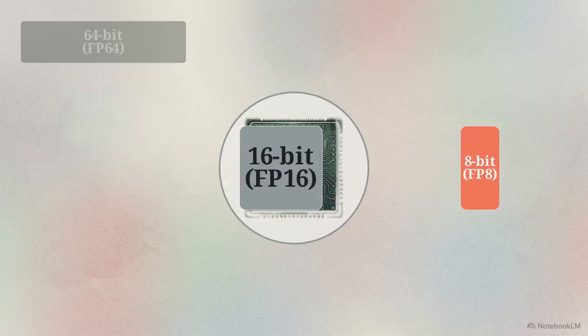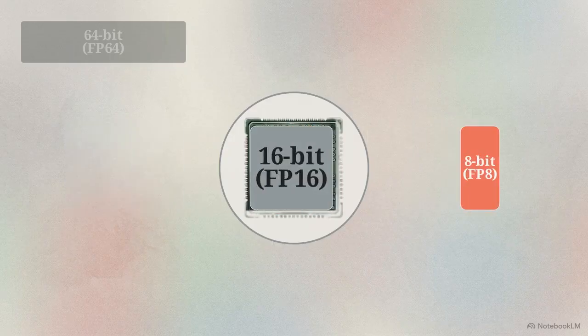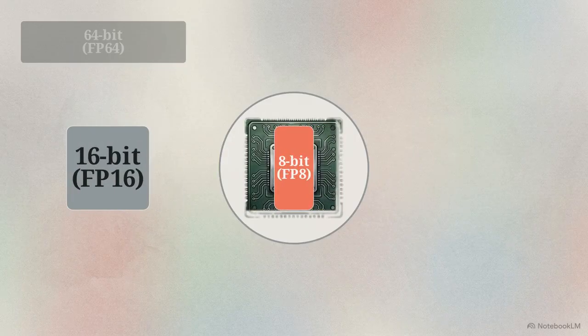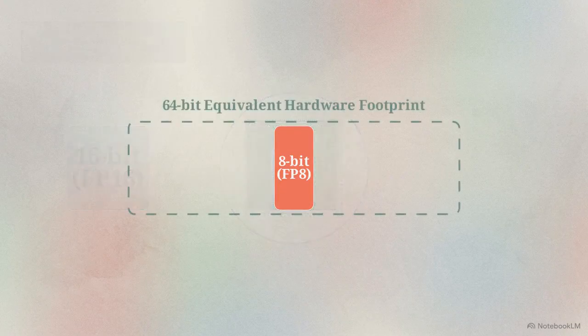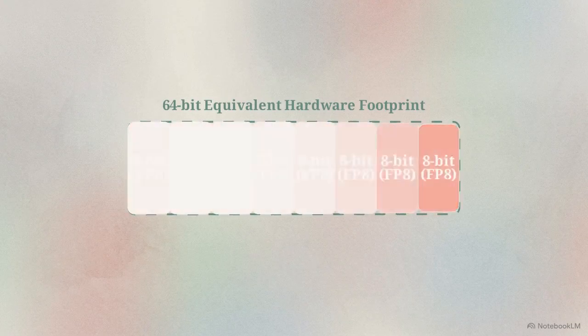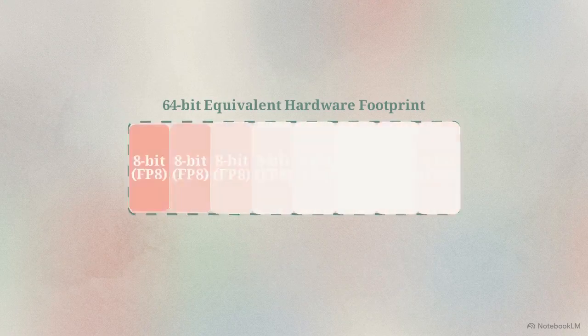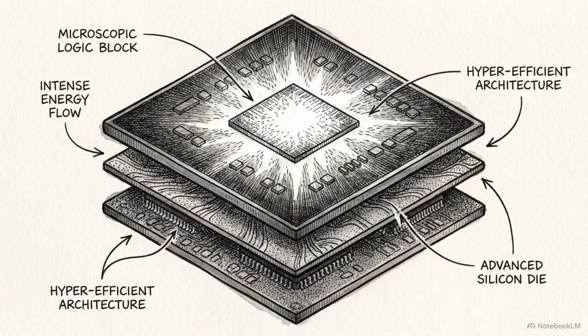The Hopper architecture introduced the transformer engine, which dynamically switches between 16-bit and 8-bit precision. It selects the lowest bit width possible for each specific neural network layer to maximize throughput. Blackwell continues this trend with FP4, a 4-bit precision format engineered to run trillion-parameter large language models with extreme efficiency.